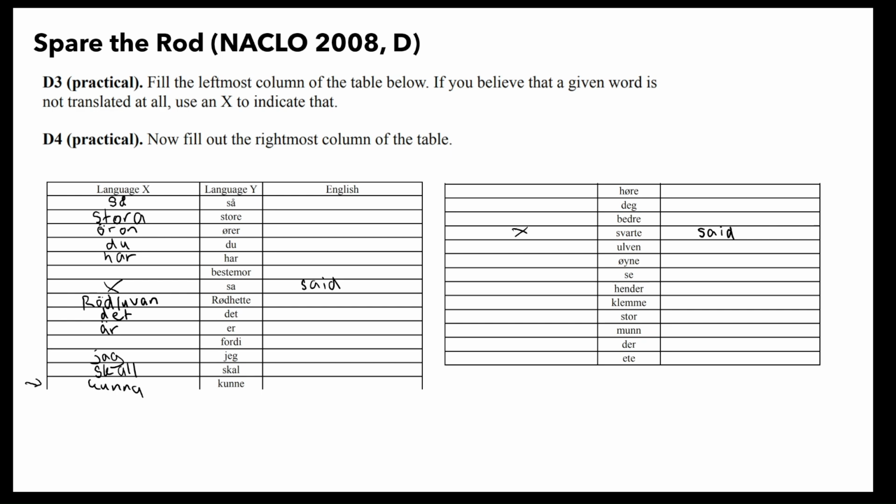Deg bed. I know we skipped this one, but I am noticing the deg bedre, and we had a clear match for dig batre. So let's write those in. We had dig batre, 2 T's, R-E. Dig batre.